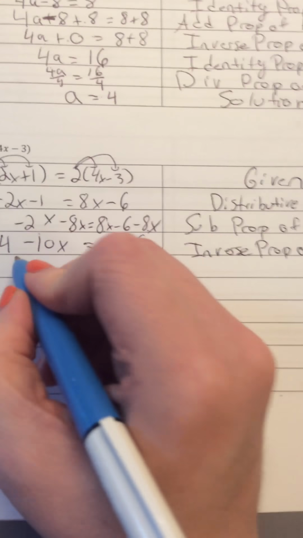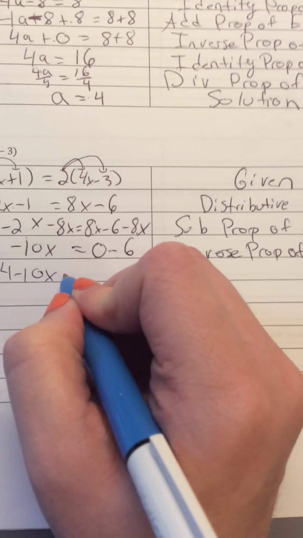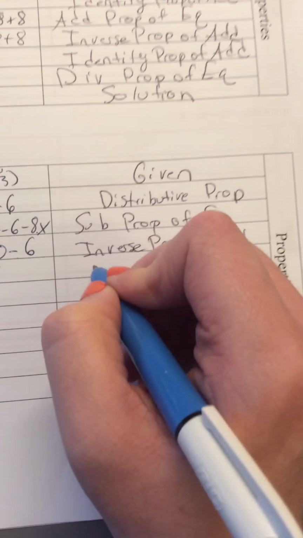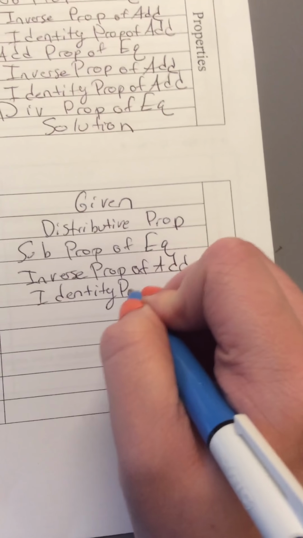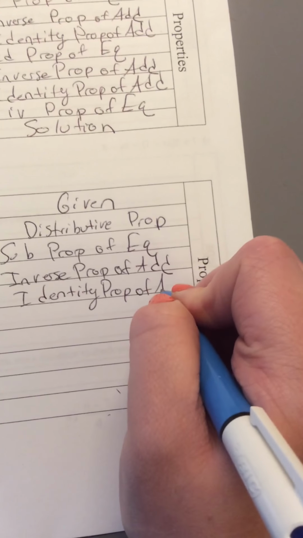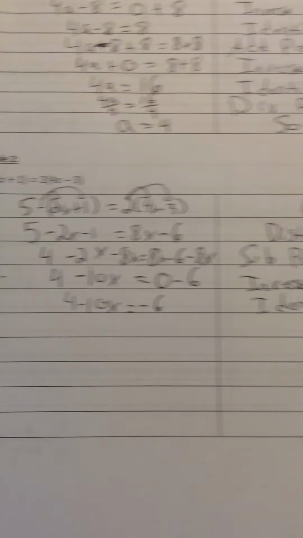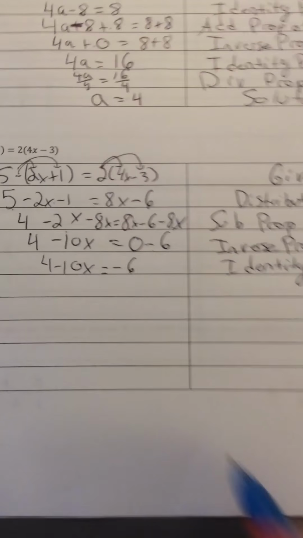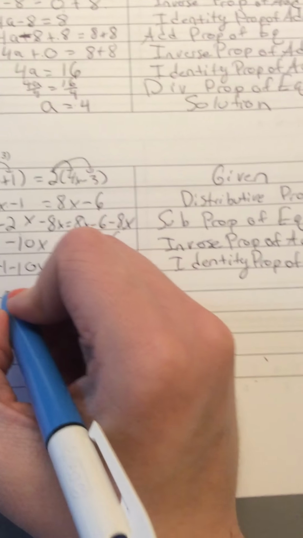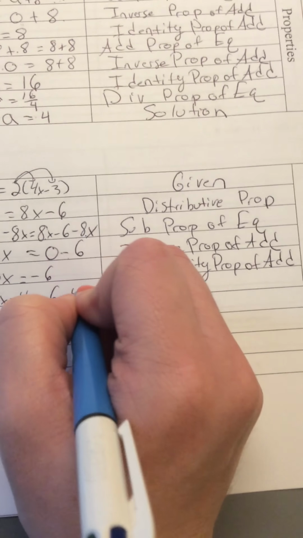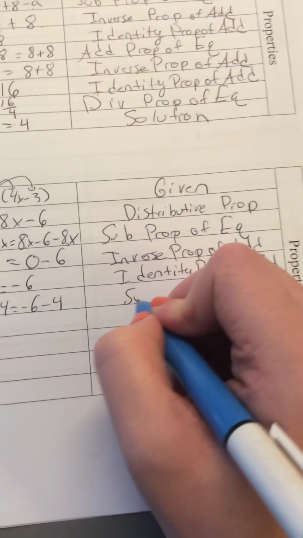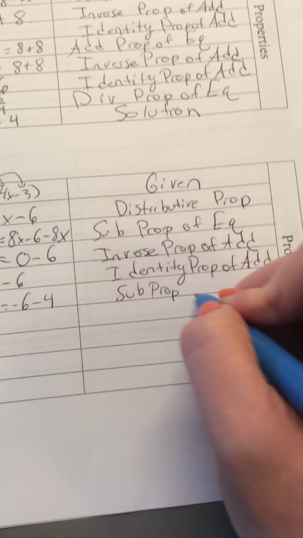We know that we can get rid of this 0 because 0 minus 6 is just negative 6. That's our identity property of addition. And then lastly, we will want to subtract 4 from both sides. And then we can do that because of the subtraction property of equality.